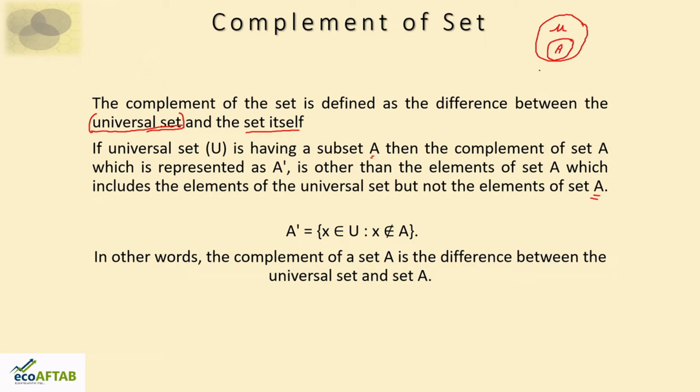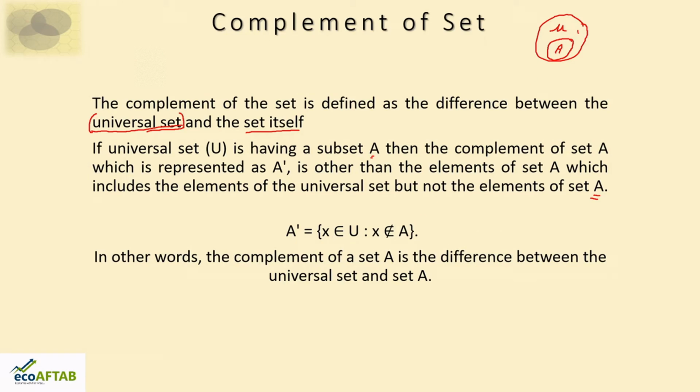So whatever is there in set A, excluding that, whatever is there in the universal set becomes the complement of set A. In set builder form, A complement is equal to an element x belongs to U, but that element does not belong to A. That is what I said.